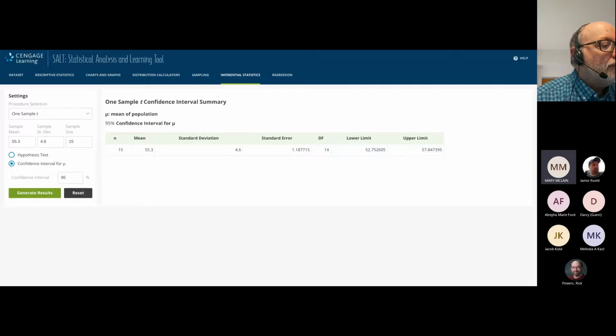We are 95% confident that the levels fall between 52.75 and the upper limit 57.84. Okay.